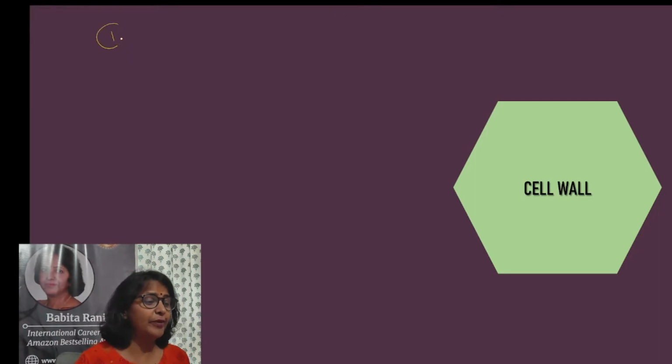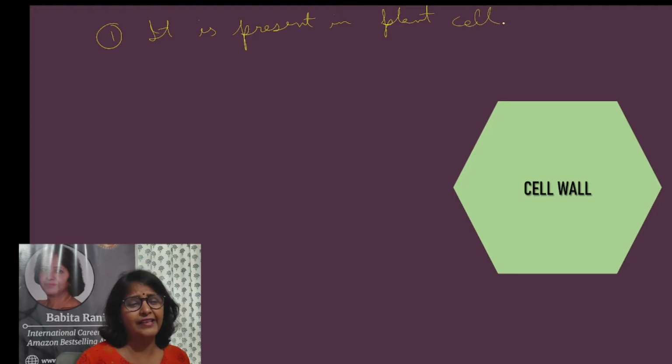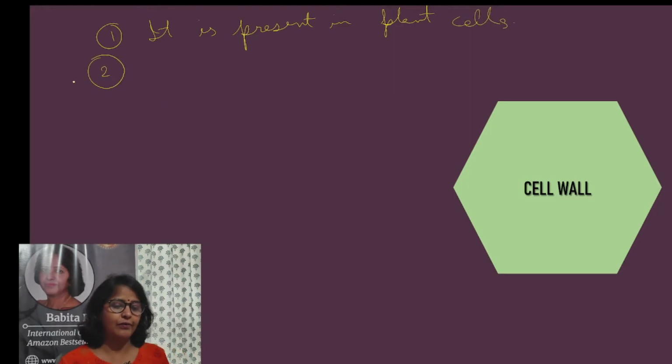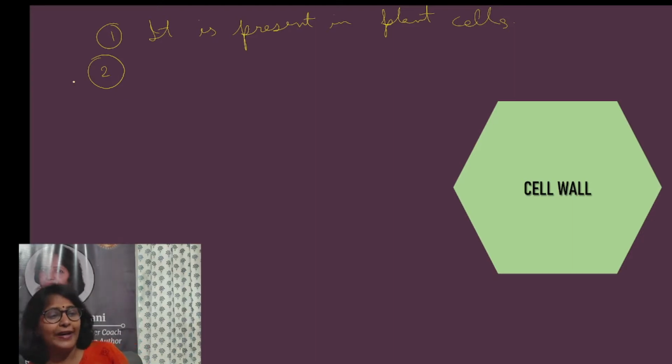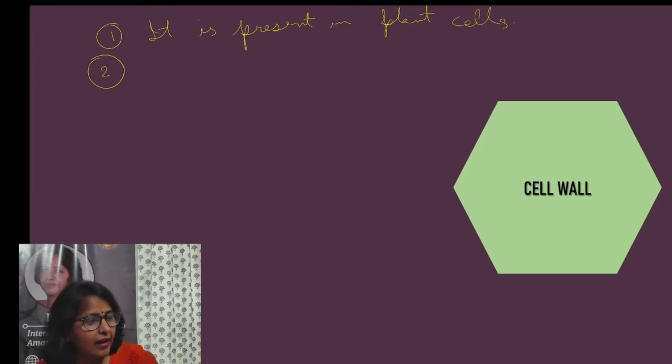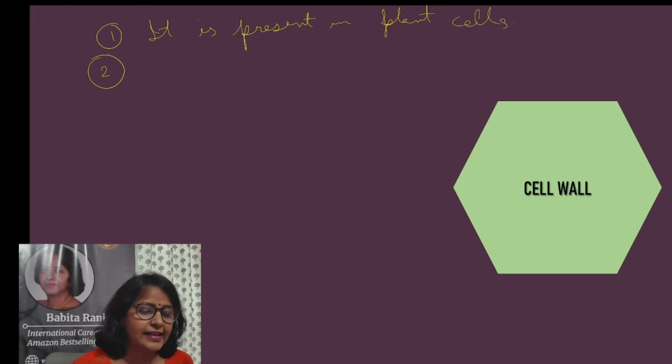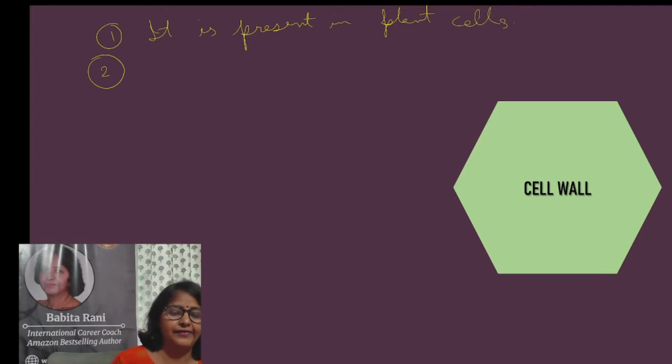Cell wall is not present in all the living organisms. It is present only in plant cell. It is not present in animal cells. So, one question may be there, why is it not present in animal cell? Why only plant cells have cell wall?